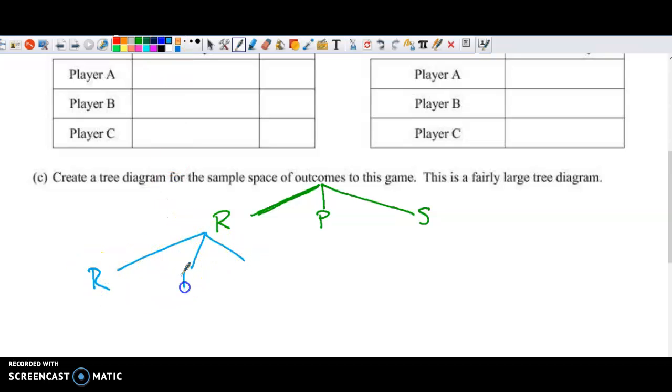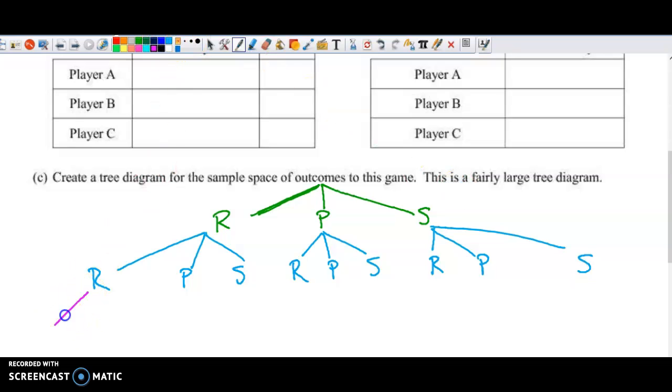Equally as likely as playing rock, paper, or scissors here, rock, paper, or scissors here. But then player 3 could do rock, paper, or scissors.